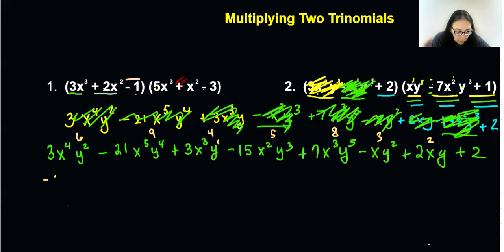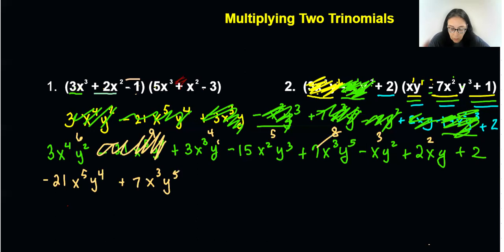Negative 21, x to the 5th, y to the 4th. That takes care of the 9. Then we have this 8 over here, plus 7, x cubed, y to the 5th. Then the next biggest number is the 6, plus 3, x to the 4th, y squared.